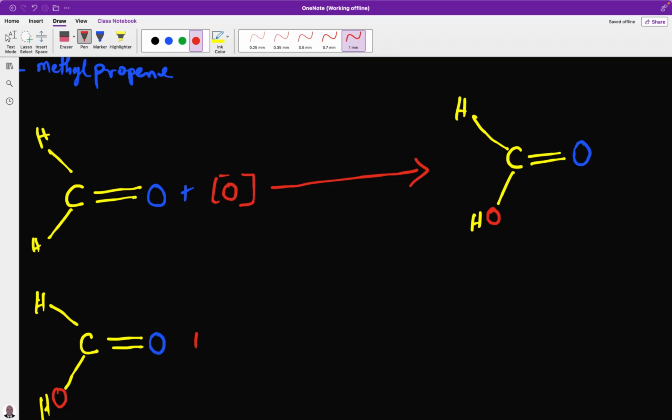Okay, plus what? And what will be the final product? The final product here will be what? This is carbon dioxide.